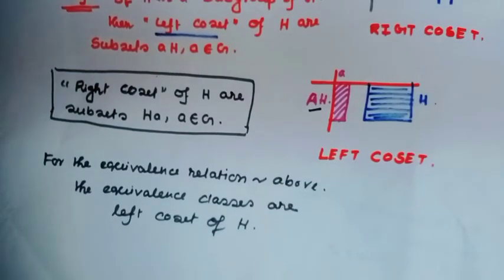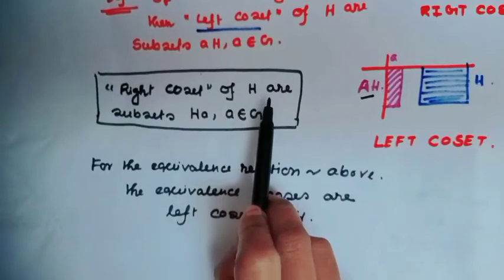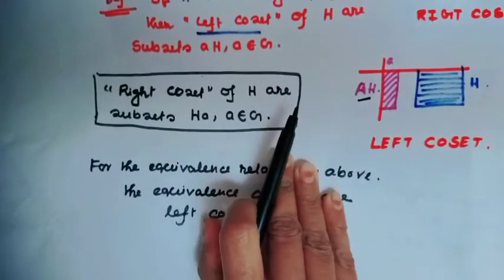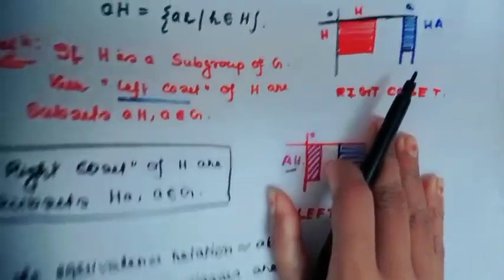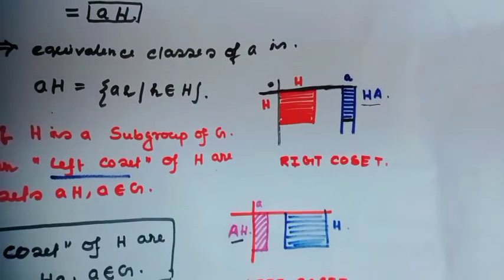Okay? This is the left coset. And the right cosets are the subsets Sa, where a is a member of G. And this is the picture of the right coset. Okay?